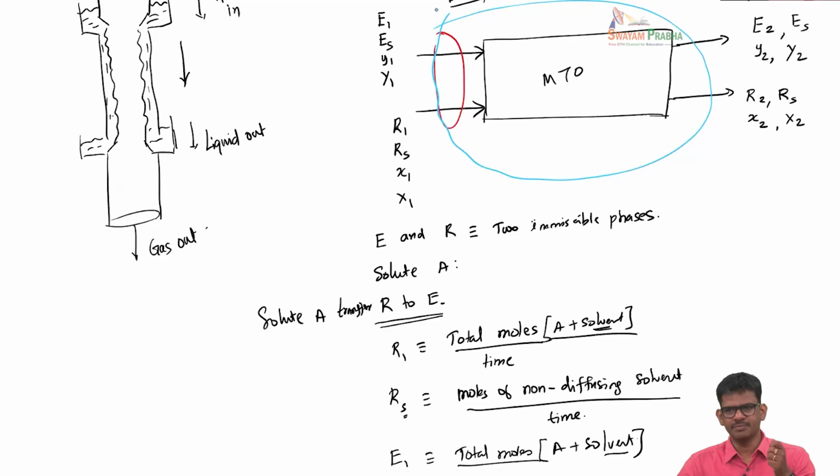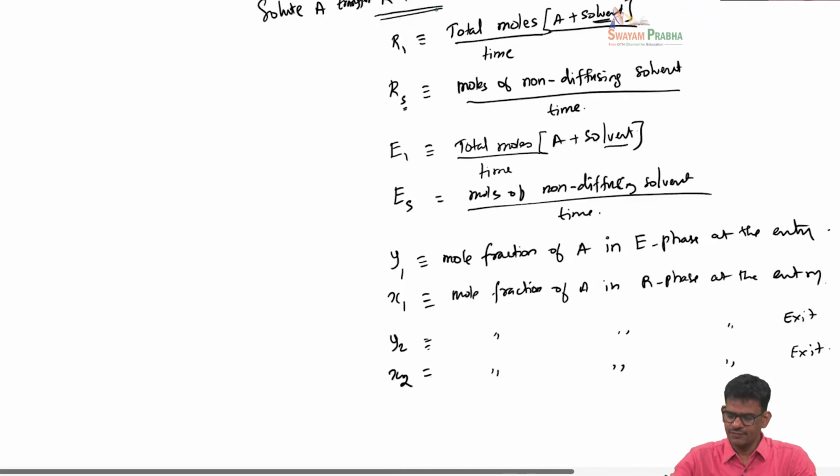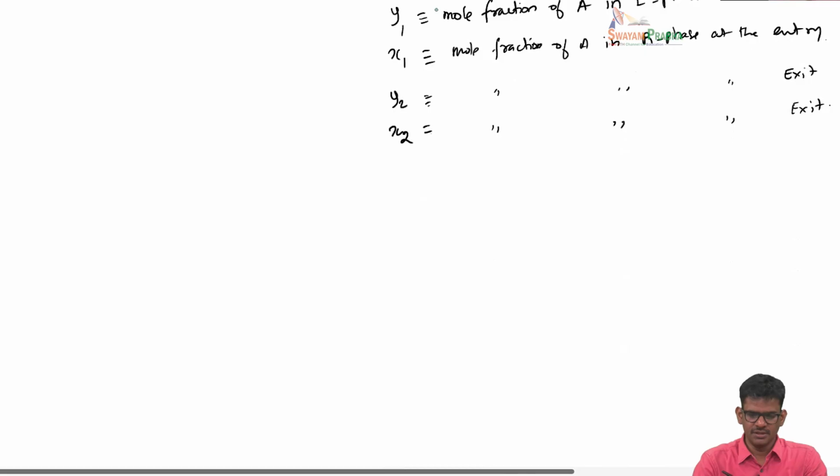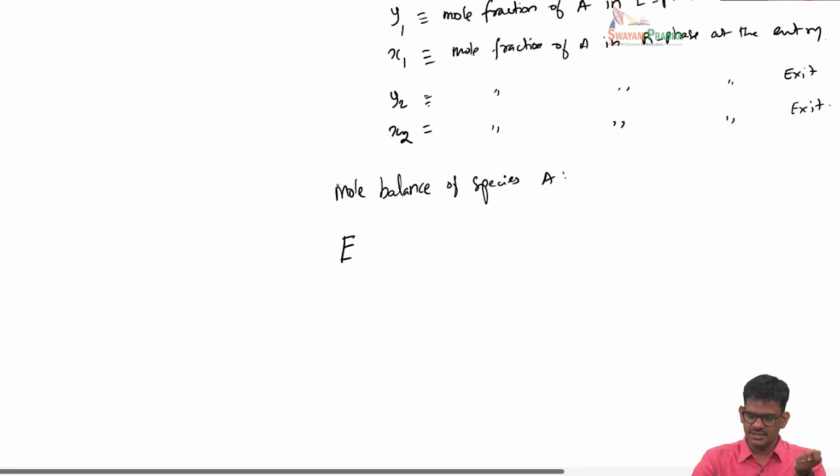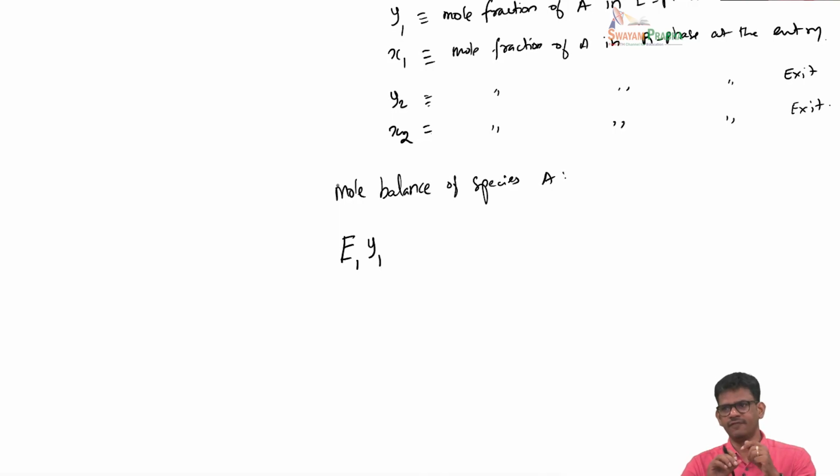So what is a mass balance? It is basically how many moles of material are flowing in, and that should equal how much is flowing out. First we will do it for the species, the mole balance of species A. From the E phase, E1 Y1 will be the number of moles of solute A entering along the E phase.